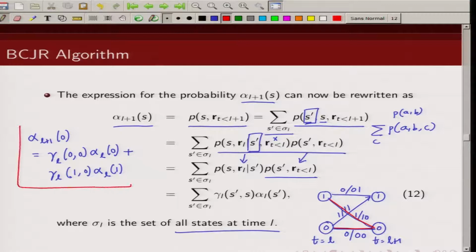Now, similarly, we can also compute the value of alpha L plus 1 at 1. We repeat the same procedure.